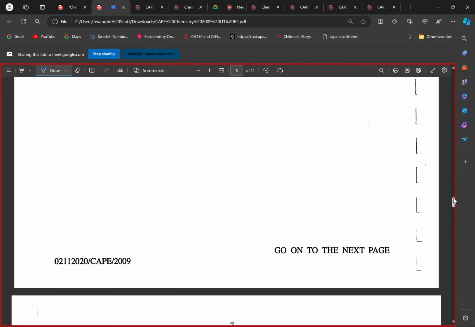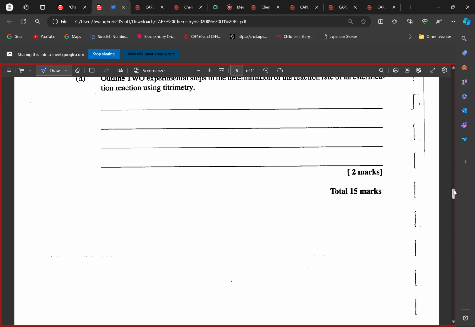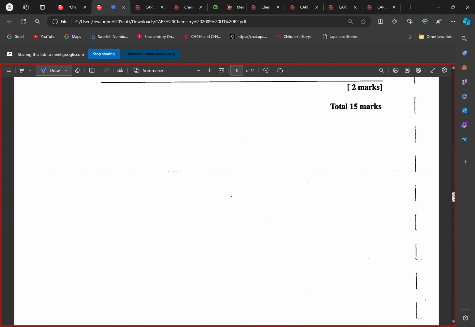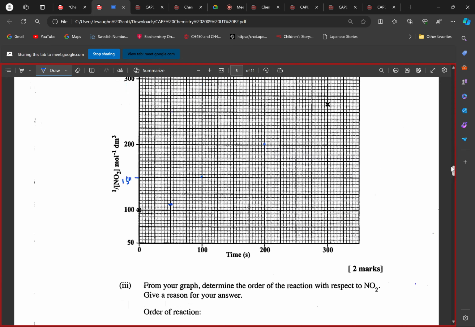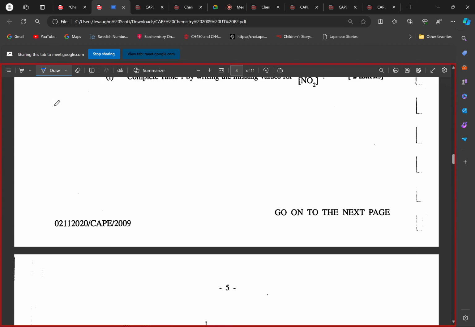I'm so sorry, this is going all over the place. Alright, let's draw the graphs right here. So we're saying zero order. What would zero order be?